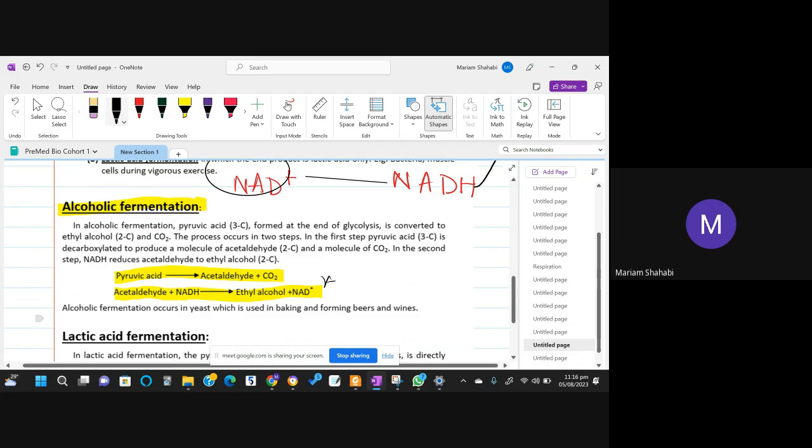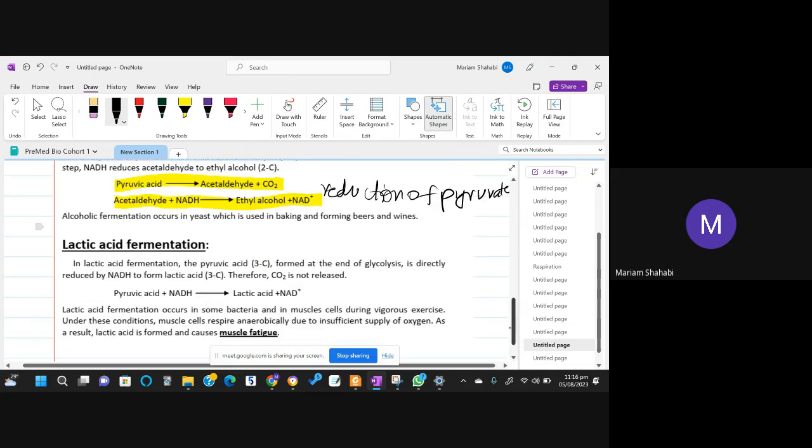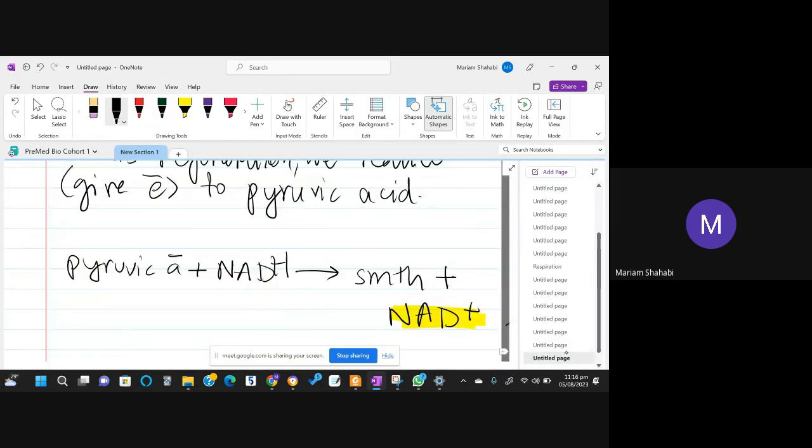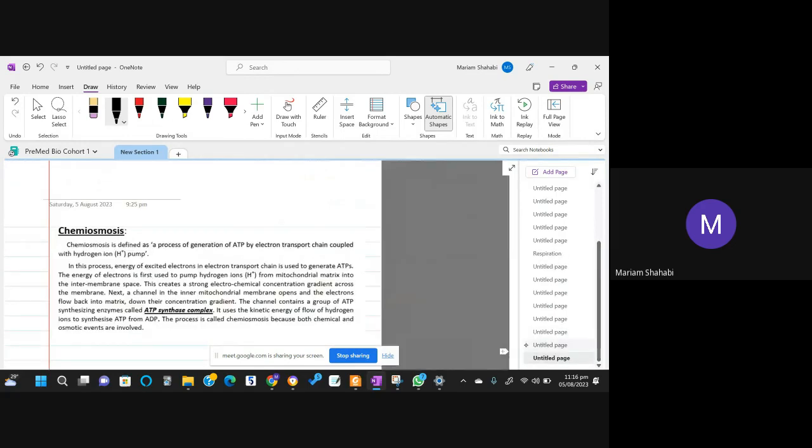This is simply the reduction of pyruvate. And this is also the reduction of pyruvate. I hope that is clear.